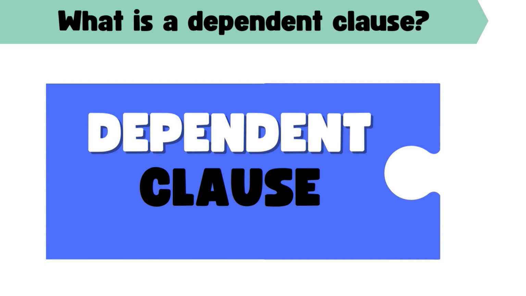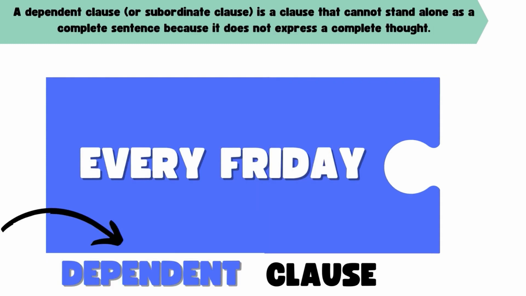A dependent clause is missing its subject. It is there to give extra information. For example, every Friday. This is giving information about when I do something. So a dependent clause, or also called a subordinate clause, is a clause that cannot stand alone.